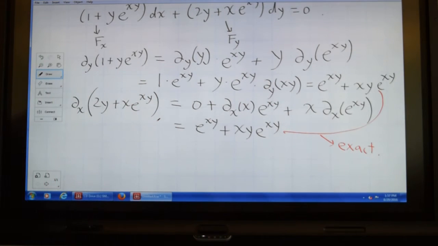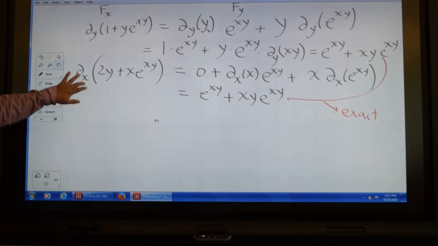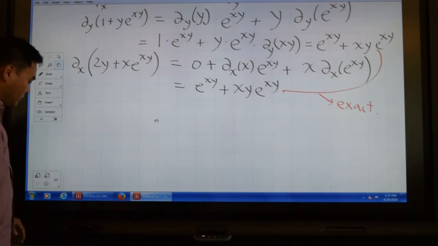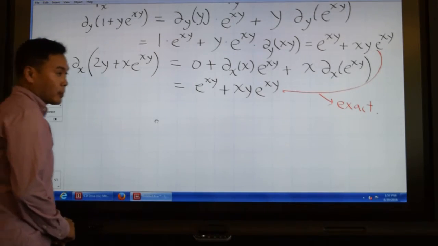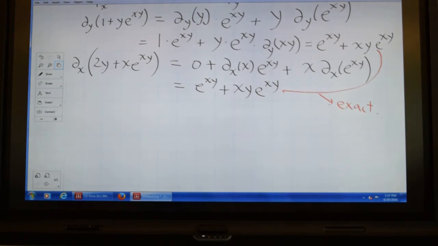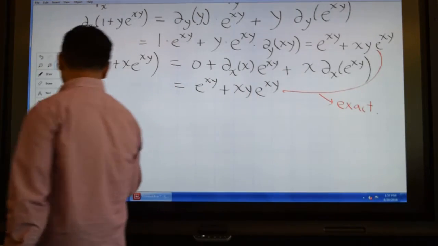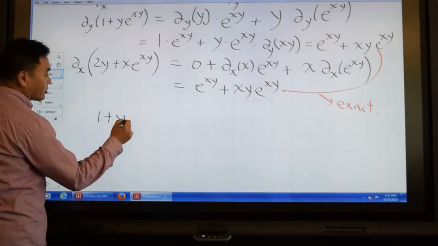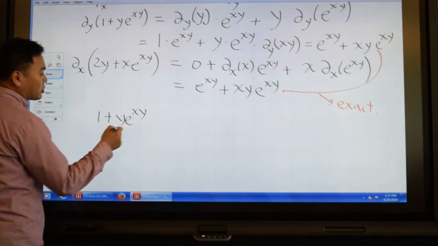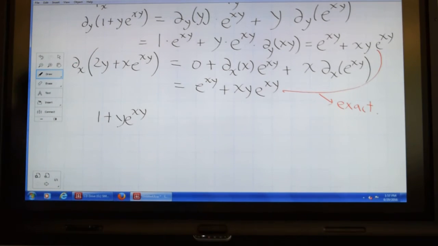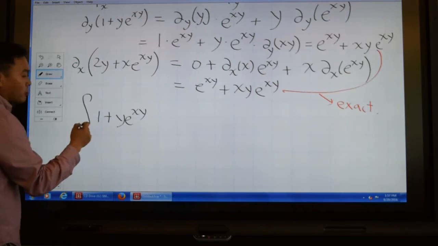Once you've shown that it's exact, then instead of differentiating, you have to undo the derivative. Okay, so you want to take the partial integration now. Remember, we are taking this part as f differentiated by x, so in order to recover our f, you have to do a partial integration.